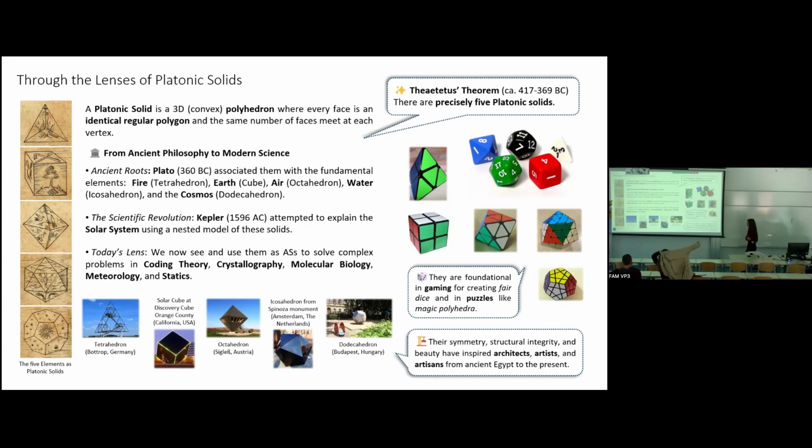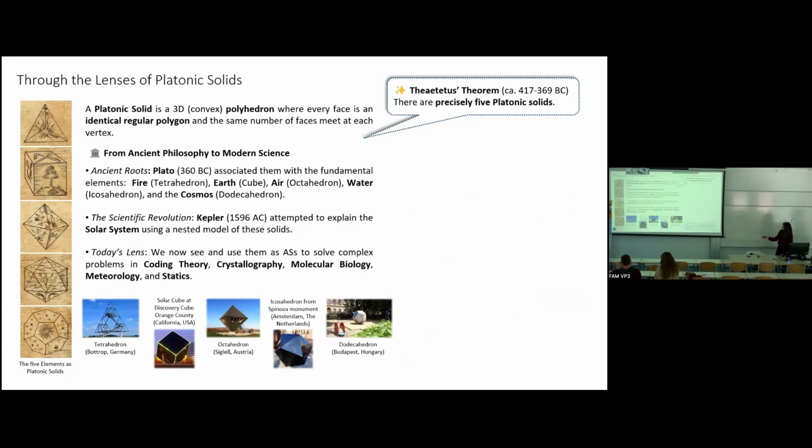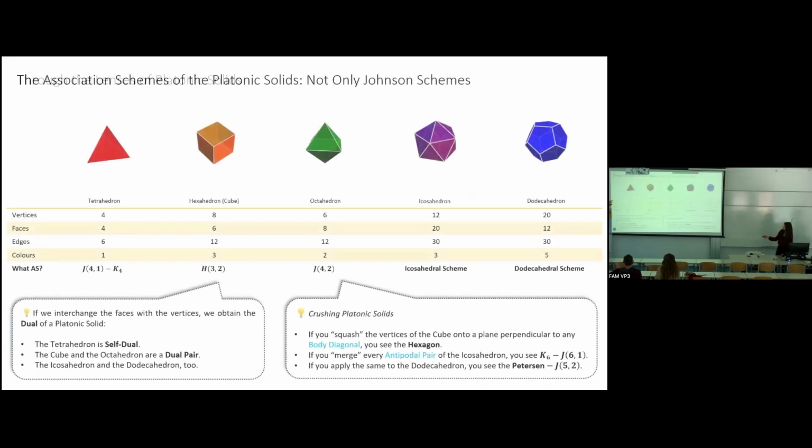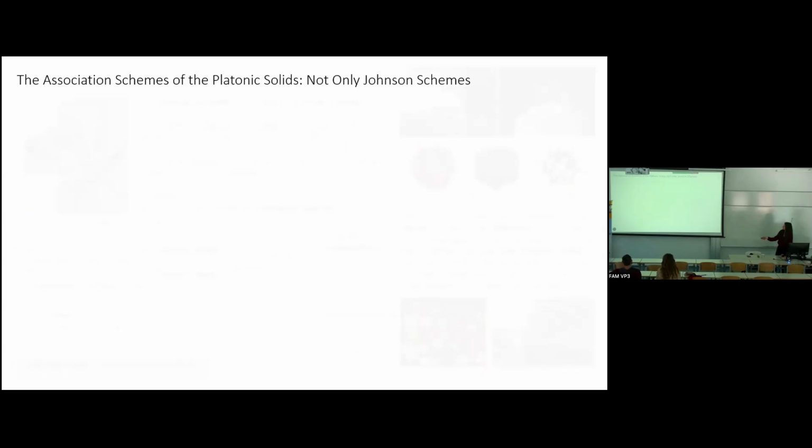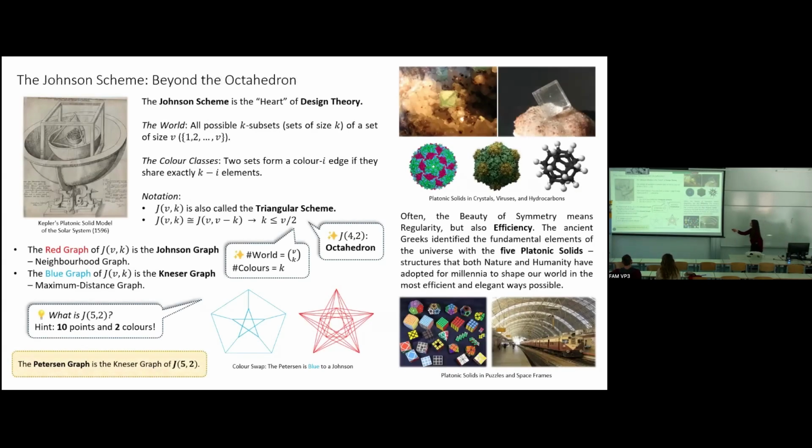Even Kepler, this is interesting, tried to explain, failing in the end, the solar system using a nested model of these Platonic solids. Actually, I didn't explain, but let me go back just to show you the pictures. This is what he proposed. It's not super visible, actually it was super hard for me as well, but we have this nested model.